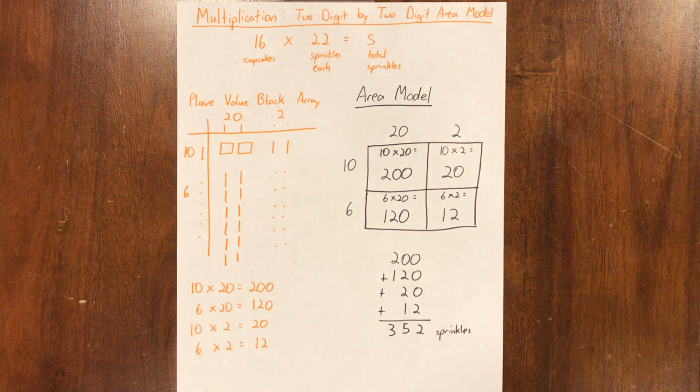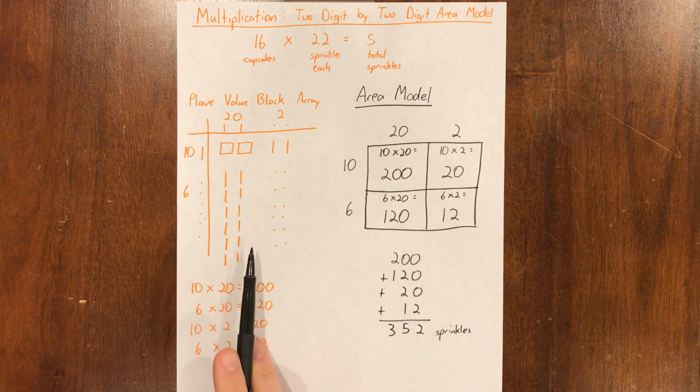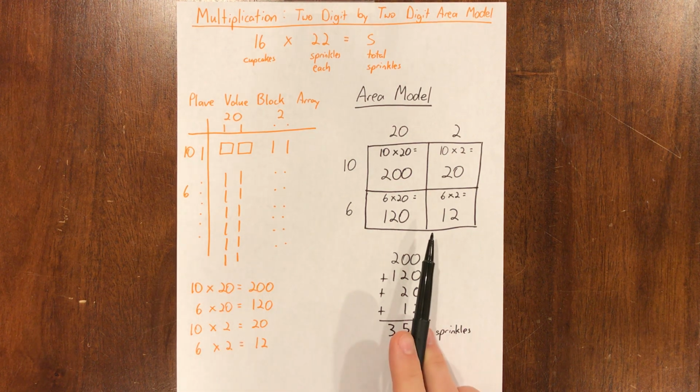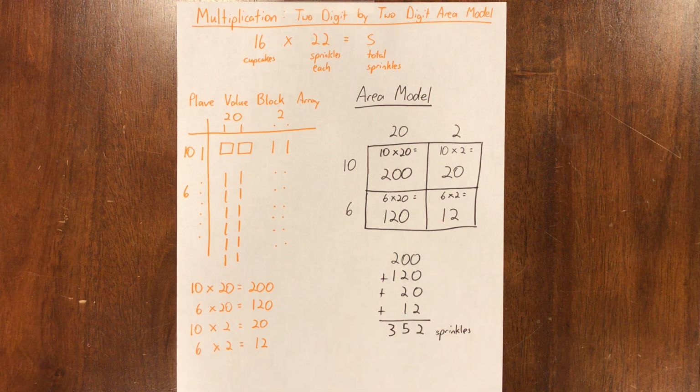in this case. All right, so here's my question for you. How are both the place value block array and the area model, how are those strategies similar? Say it out loud.